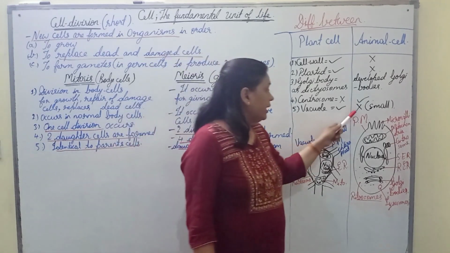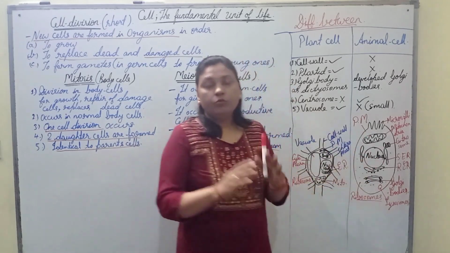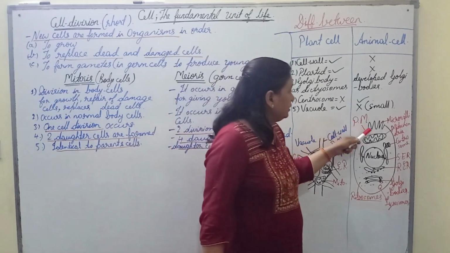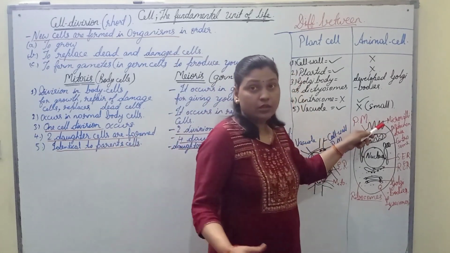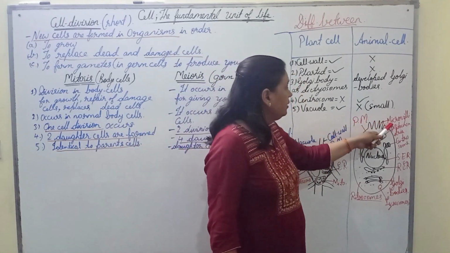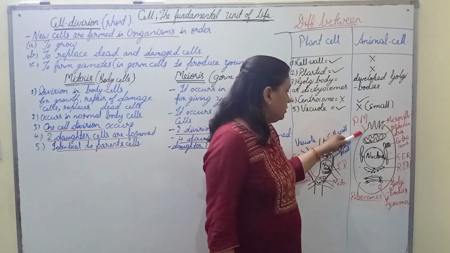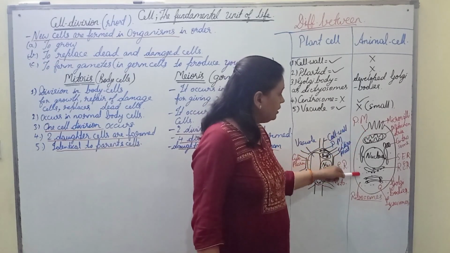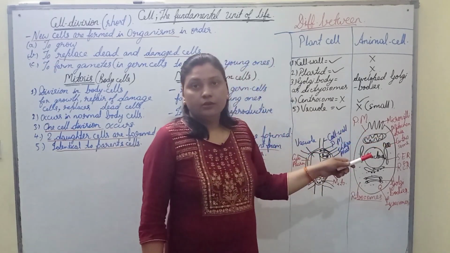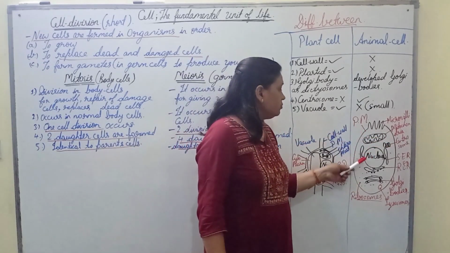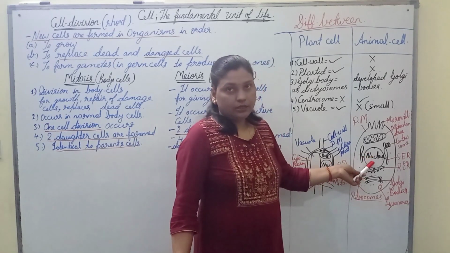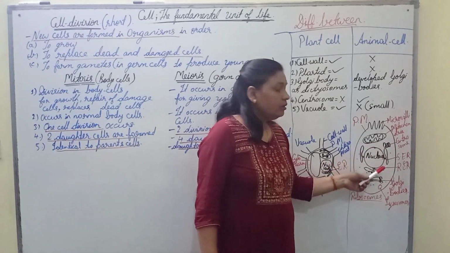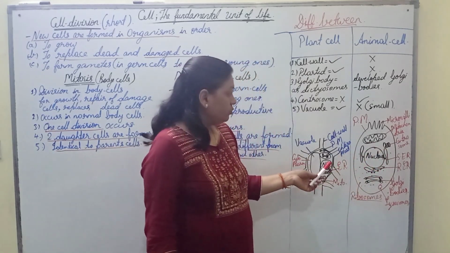Now we have the animal cell. The shape of the animal cell is almost cylindrical, and this cilia or flagella-like structure is called microvilli. This is the outermost layer, that is the plasma membrane. Next to the plasma membrane, the fluid part is present, and this is cytoplasm. Inside the cytoplasm, the nucleus is located at the center, and it is surrounded by the rough and smooth endoplasmic reticulum.